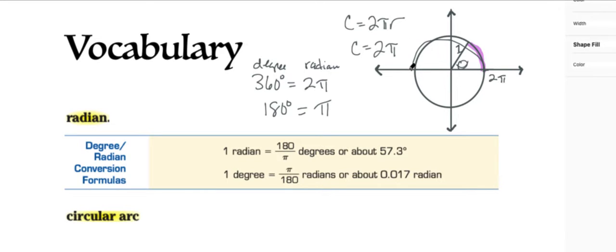A 180 degree angle measure would be 1 pi in terms of radians. If I wanted to know what 1 radian was equal to, I divide both sides by pi, and I get that 1 radian is equal to 180 degrees divided by pi.